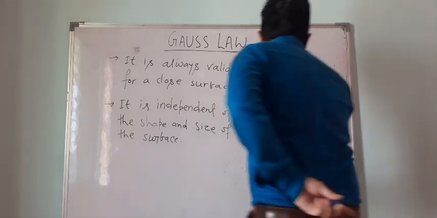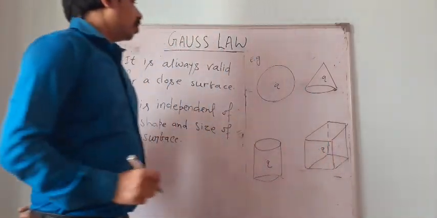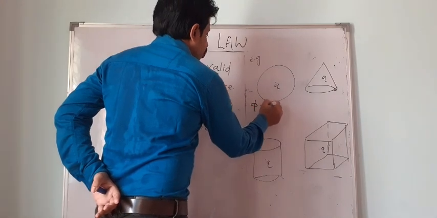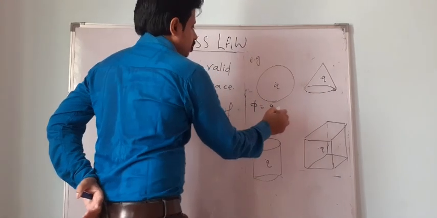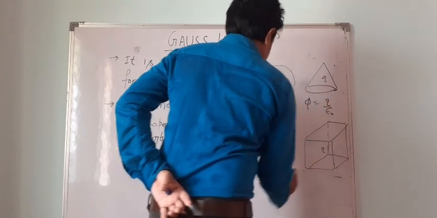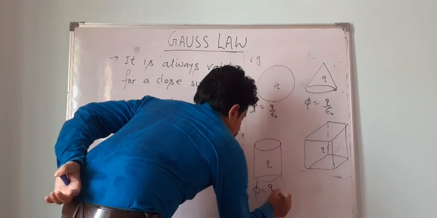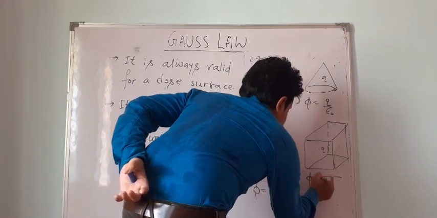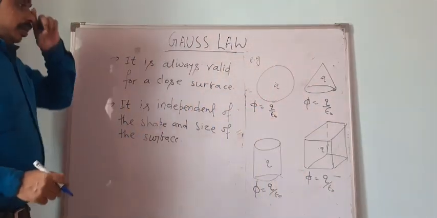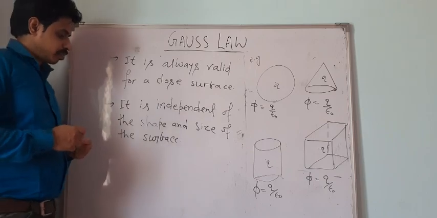So even though there are different shapes, in all these cases the flux will be the same, q by epsilon naught, q by epsilon naught, q by epsilon naught and q by epsilon naught. So these are some important points.